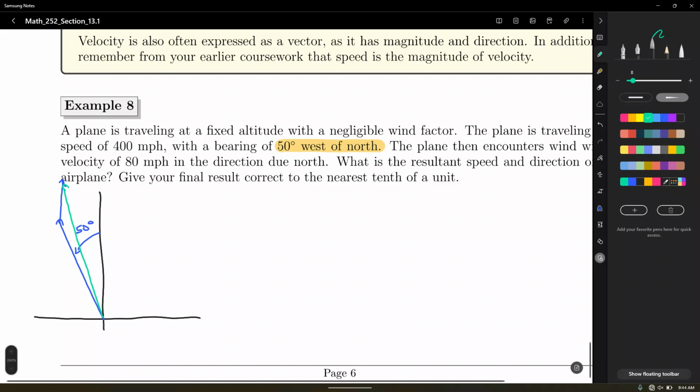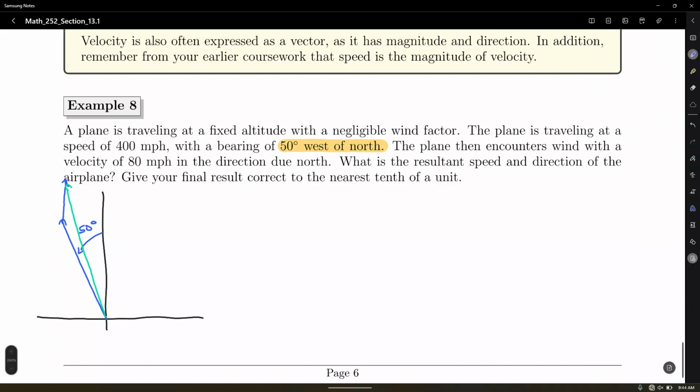Okay. So let's represent these two vectors. So I'm going to use vector with a lowercase p for the plane and w for the wind. Well, the magnitude, which is 400 cosine of the angle, which is, would it be cosine of 40 or 50 degrees? No. So here is the thing, and be careful with this part right here.